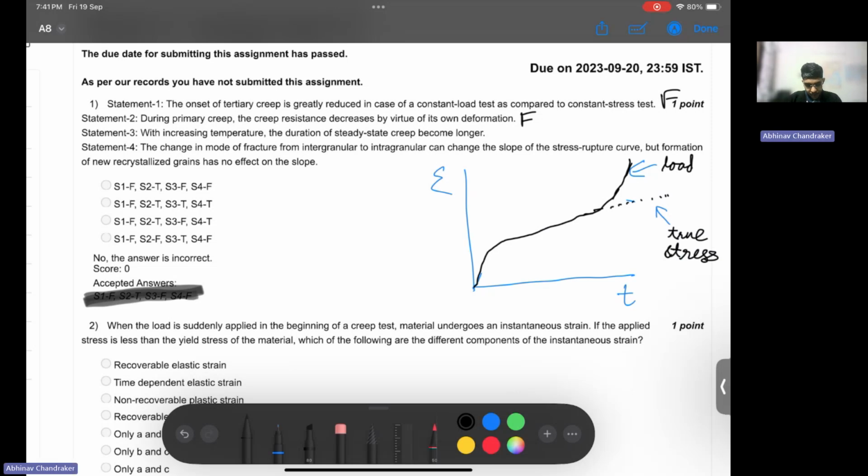But the steady state creep strain range will increase with increasing temperature, that is for sure. Sorry, the steady state creep strain rate will also increase with increasing temperature. So both the rate and the strain range increase. About duration, it will be difficult to tell.